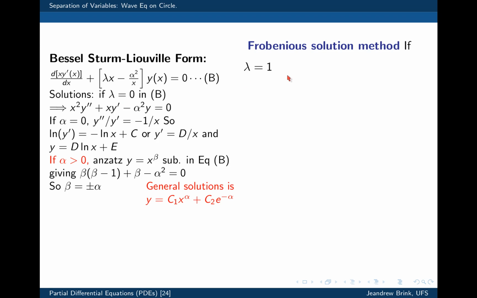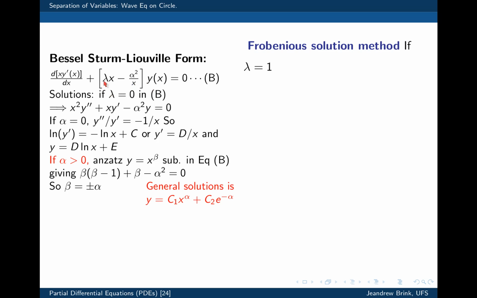in fact, we're going to do the case when lambda is equal to 1. That's going to be general enough to include all the possibilities, and I'll show that explicitly later on, because you can always rescale your variable x and or your function y so that you set lambda equal to 1.